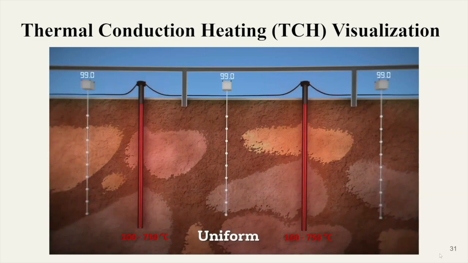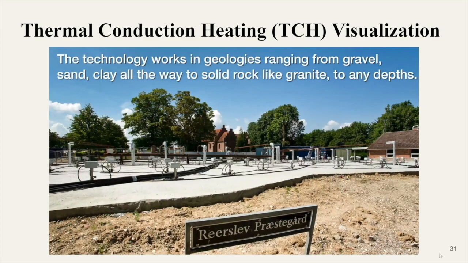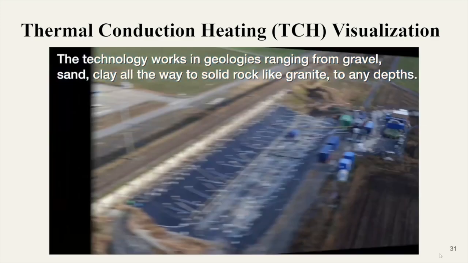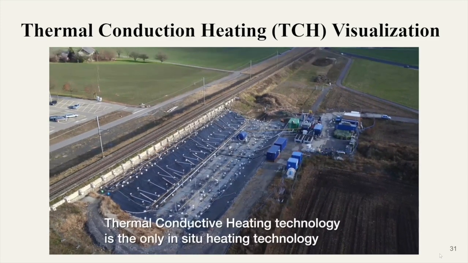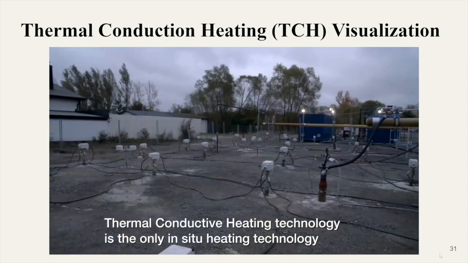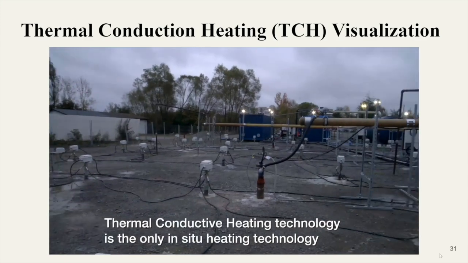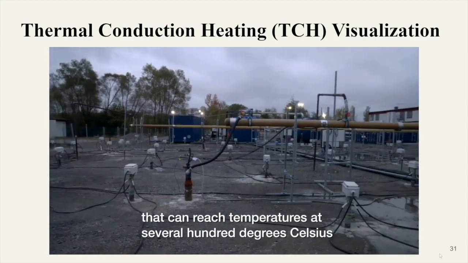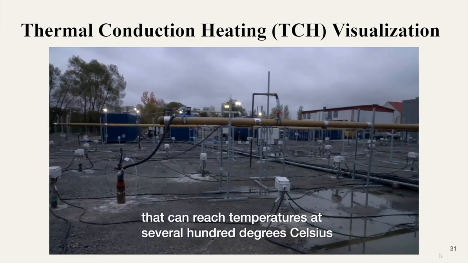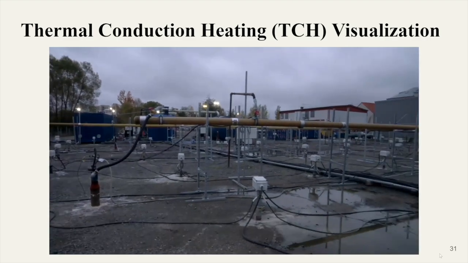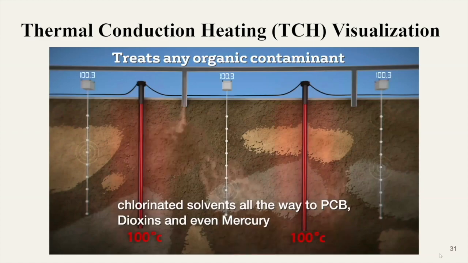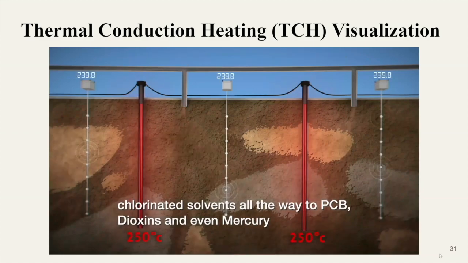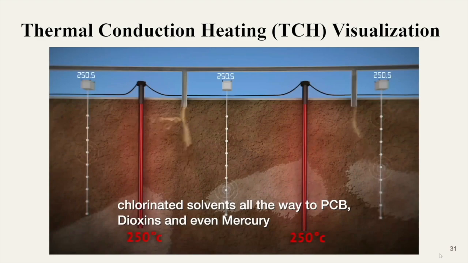The technology works in geologies ranging from gravel, sand, clay, all the way to solid rock like granite, to any depths. Thermal conductive heating technology is the only in situ heating technology that can reach temperatures of several hundred degrees Celsius and can thereby treat any kind of organic contaminants with low to high boiling points, like gasoline, chlorinated solvents, all the way to PCB, dioxins, and even mercury.